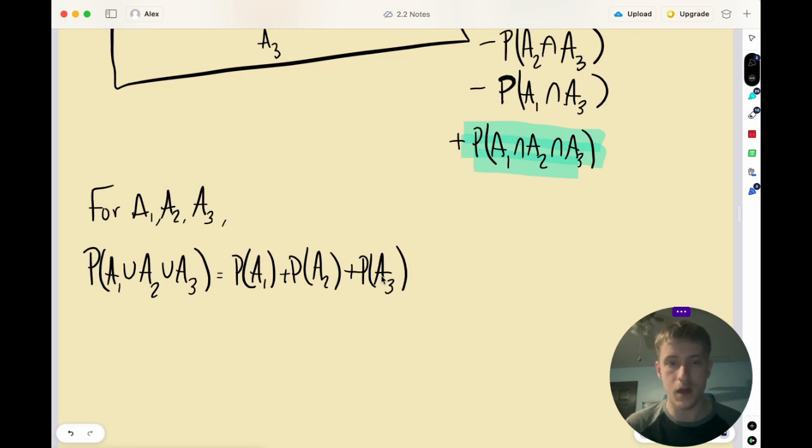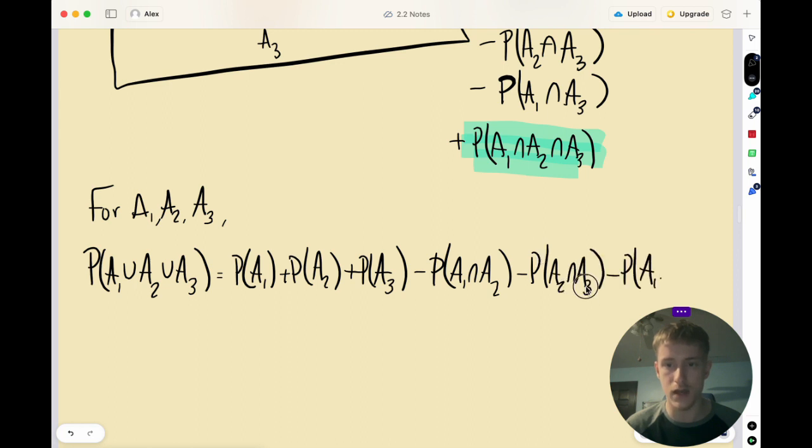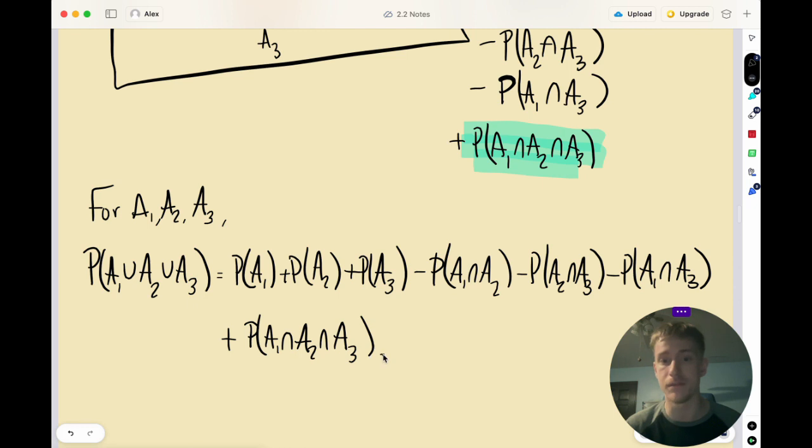Minus the probability of the double intersections: A1 intersect A2, minus the probability of A2 intersect A3, minus the probability of A1 intersect A3, plus the probability of the triple intersection. And that's our answer. That's the formula.